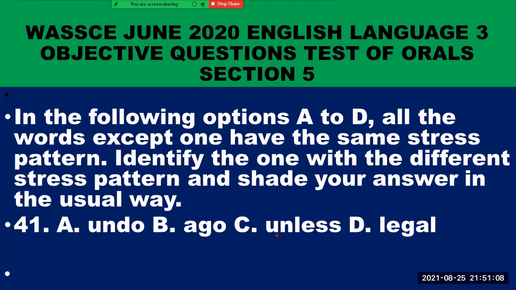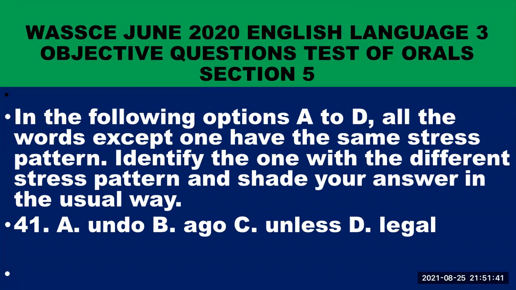So A, B, and C have the same stress pattern. So it's likely that D will be the right option. Let's see where stress is placed here. This is "legal". So stress is on the first syllable here, unlike A, B, and C that have stress on the second syllable. All right, so that's exactly the way it is.